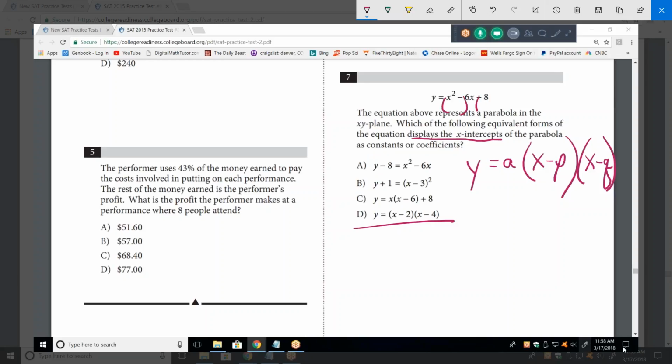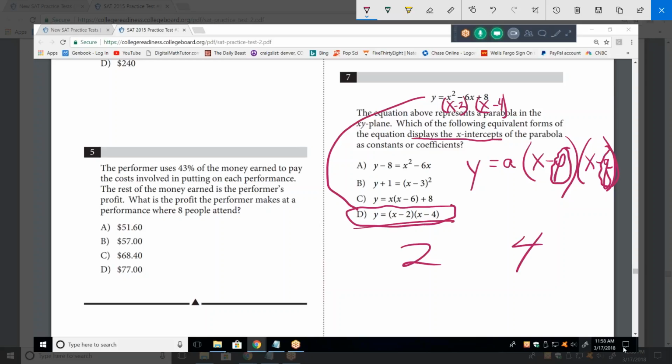If I factor that, it's x minus 2 times x minus 4, which is exactly that. So that tells me that that function is the same as they gave us, and it's in x-intercept form, so we know where the x-intercepts are. They're at 2 and 4. In other words, the x-intercepts are p and q.